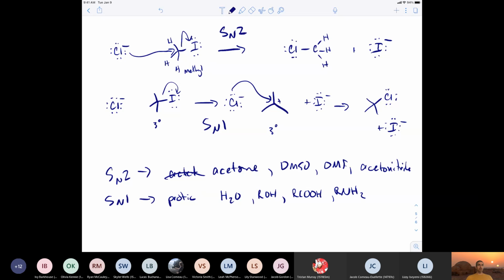The reason is that protic solvents can hydrogen bond to ions and stabilize ions. And because the rate determining step in SN1 is making an ion, it's easier to make it in a protic solvent.